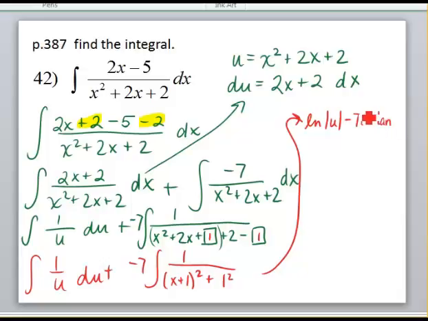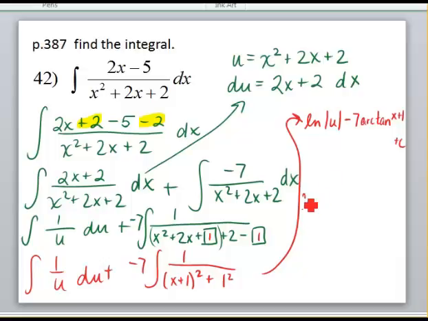Arctangent says that you would write 1 over my a. Well, the a is just a 1, so that's why I can just put -7 over 1 is not necessary. And then arctangent of u over a, so the u over a would be x plus 1 over 1 again, not necessary. And then I need to just put my plus c.